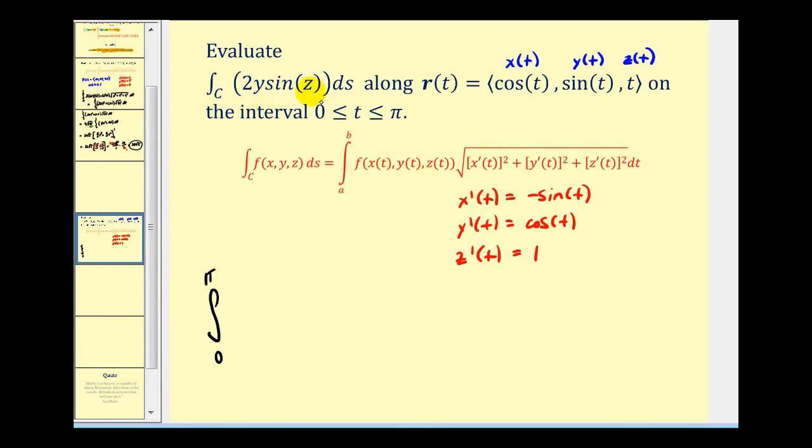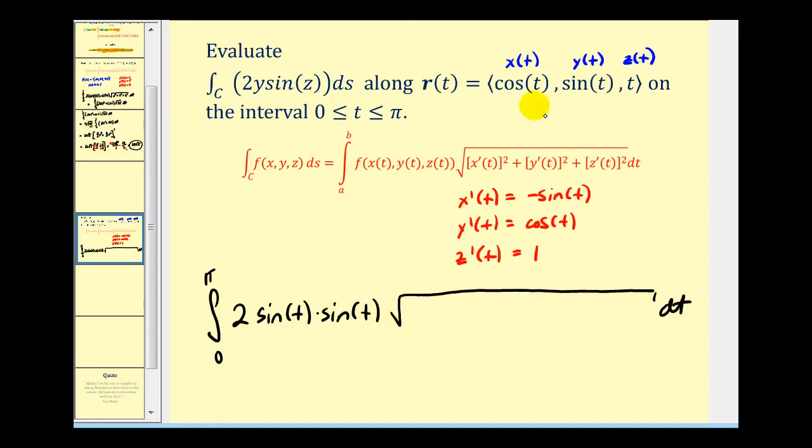We're going to have 2y times sine z. That's going to be 2 times sine t. And sine z is equal to sine t because z is equal to t. Then we're going to have the magnitude of r prime of t, so we'll have sine squared t plus cosine squared t plus 1 squared, or just 1.